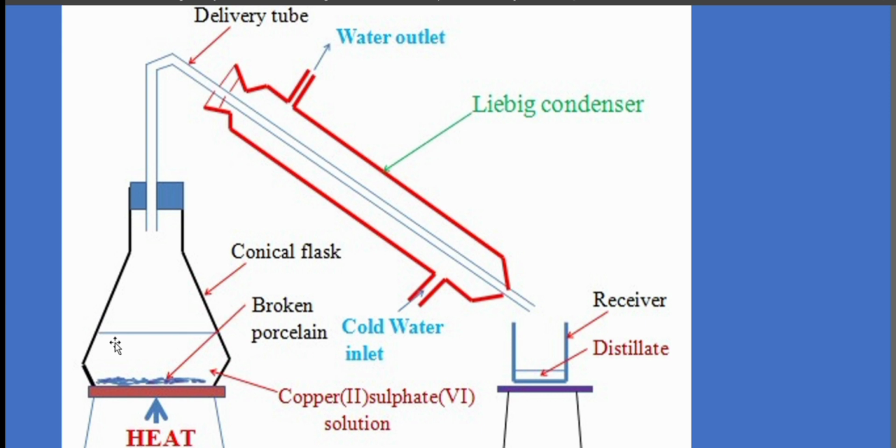The reason the inlet is towards the end is that we are getting in cold water so that it can condense the vapor back into a liquid. Then you have the outlet. So that's the setup of the apparatus.